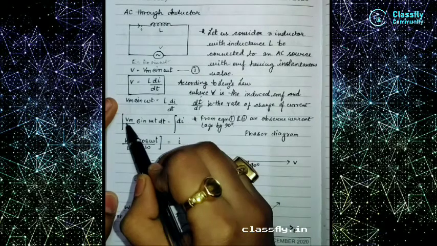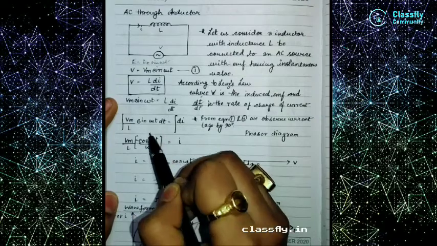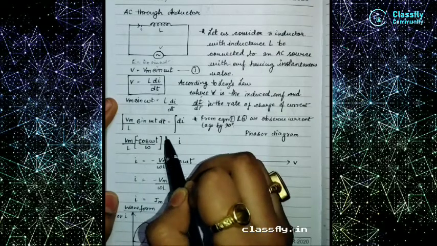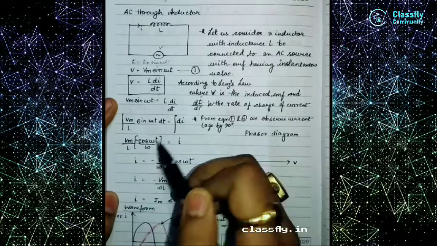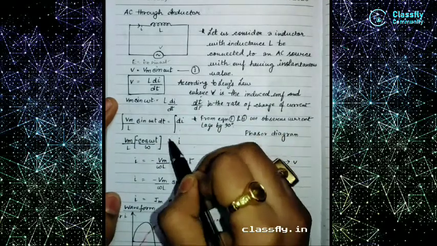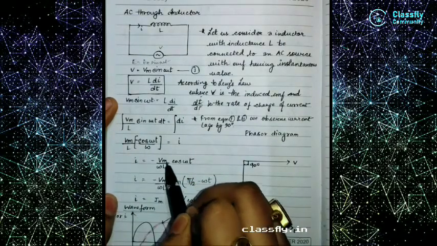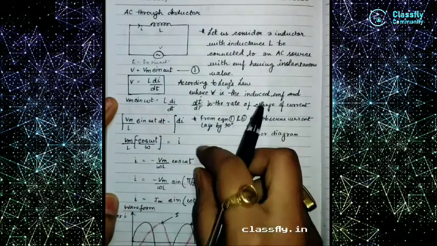When we integrate, Vm by L remains the same, and we know that the integration of sin omega t is minus cos omega t by omega, right? And dt will be removed as we are doing integration, and integration of di will be I. So we can see I equal to minus Vm by omega L cos omega t we got.